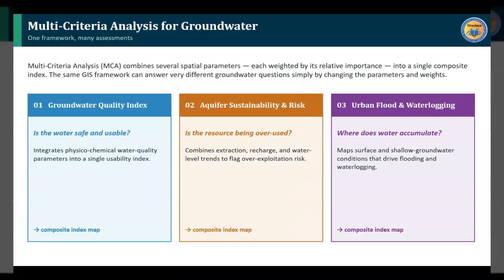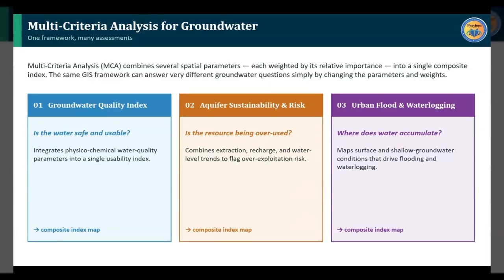Think about water quality. Is the water safe because the nitrate is low? Partly yes, but the fluoride might be high. The salinity might be a problem, or the hardness might make it unpleasant. No single number will tell you whether the water is good.